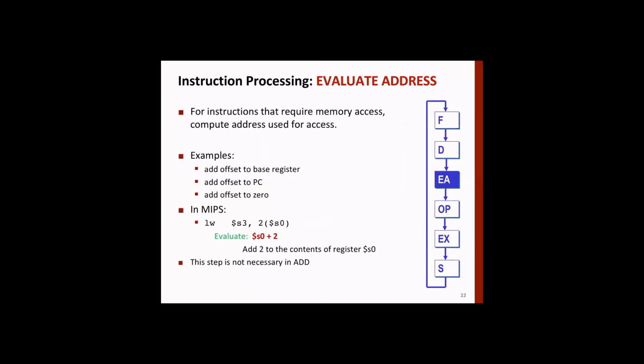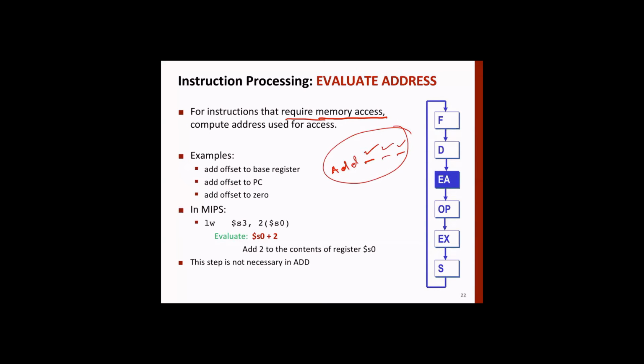Only in those instructions is this phase required, the phase which requires memory access. It will not be required for an instruction like add R1, R2, R3, because this data is already available from previous memory accesses. So in this case, this step is not required.